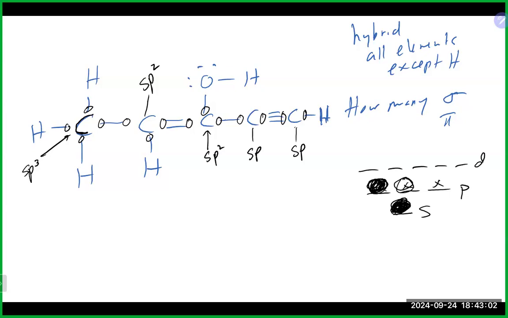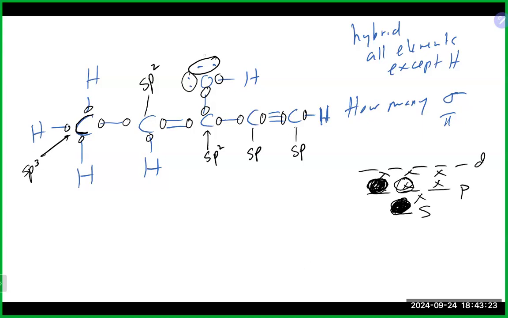By the way, we could also apply it to oxygen. If I wanted to apply it to oxygen, I have 1 electron pair, 2, 3, and 4 electron pairs, which means I will have 1, 2, 3, and 4.